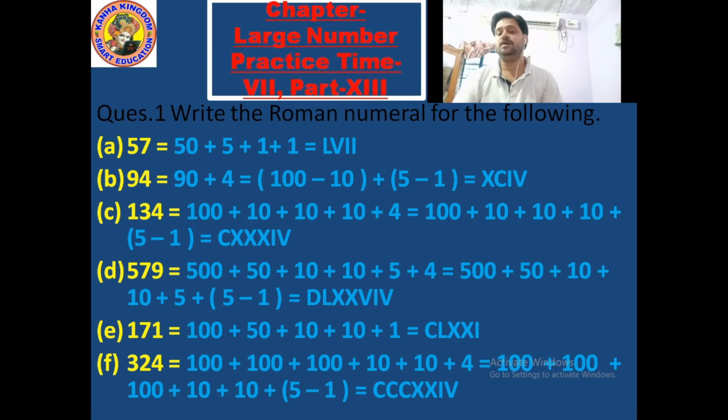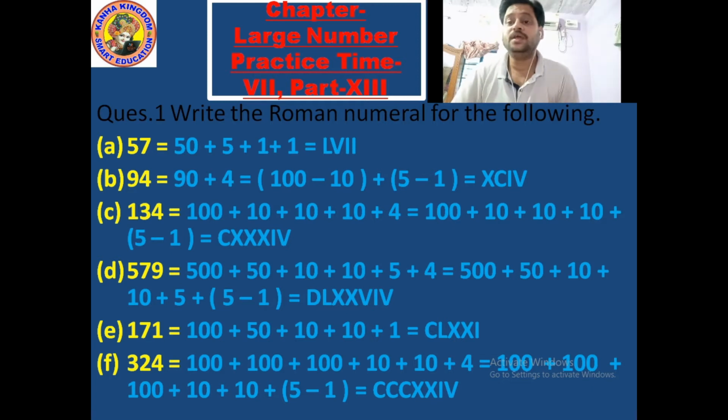See, first remember, Romans used 7 main letters. Which are they? I equals 1, V equals 5, X equals 10, L equals 50, C equals 100, D equals 500, M equals 1000.